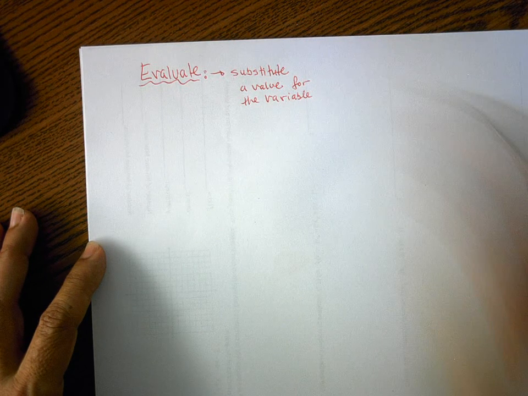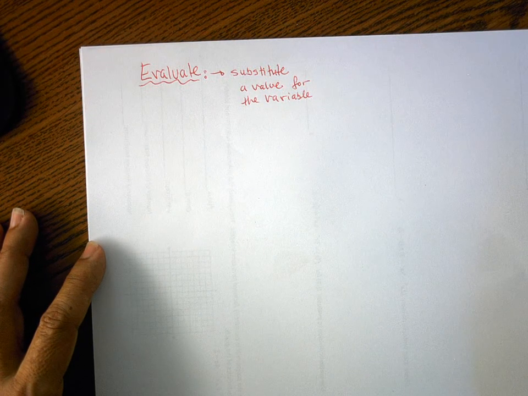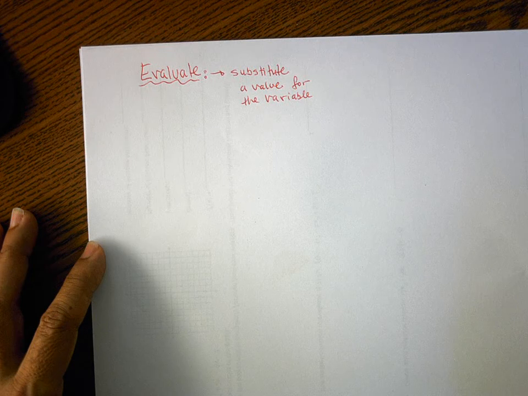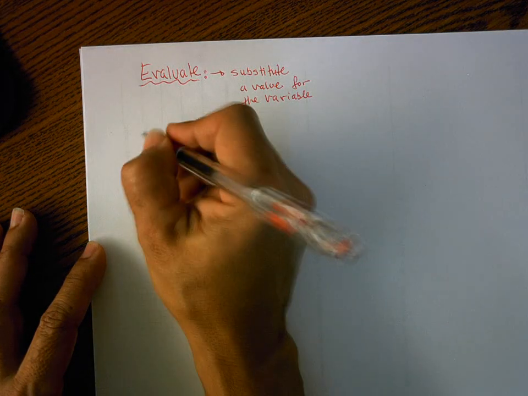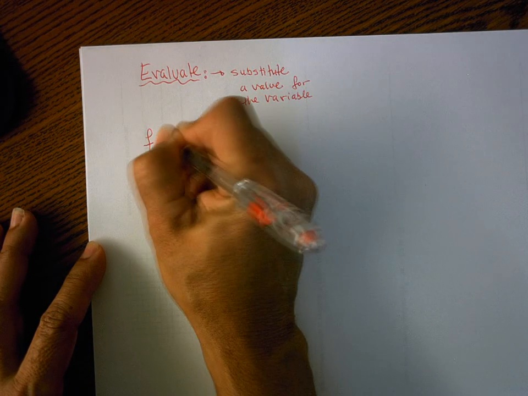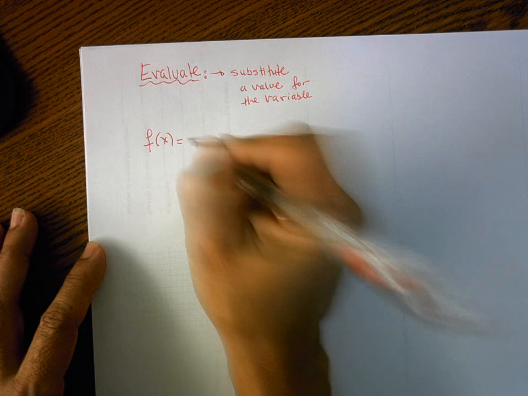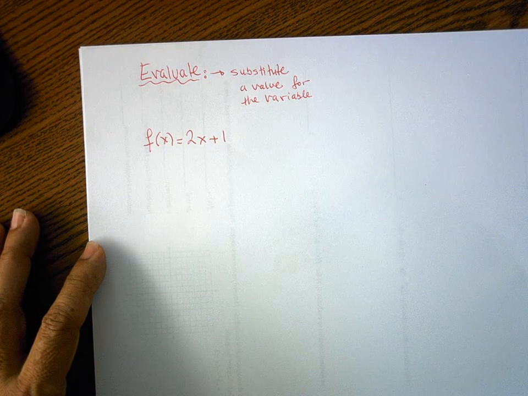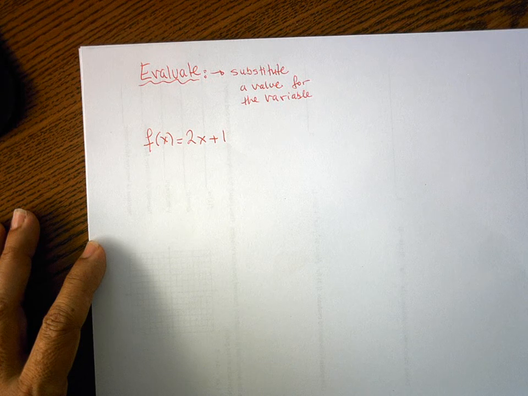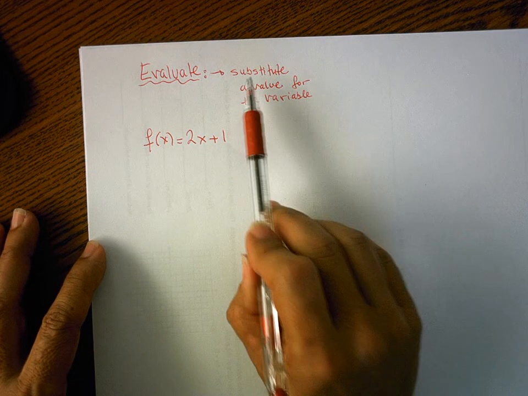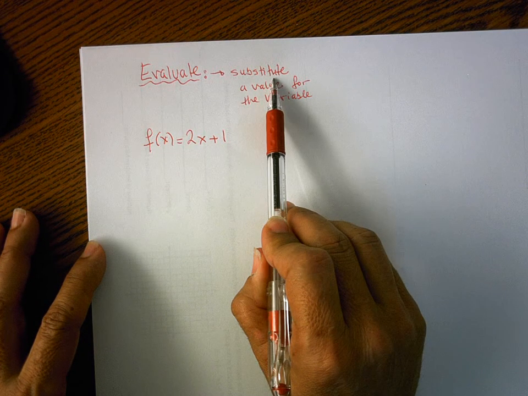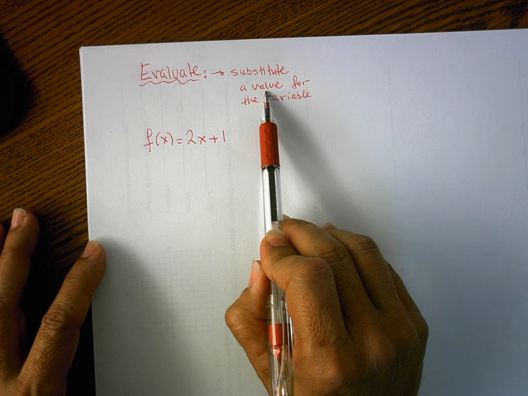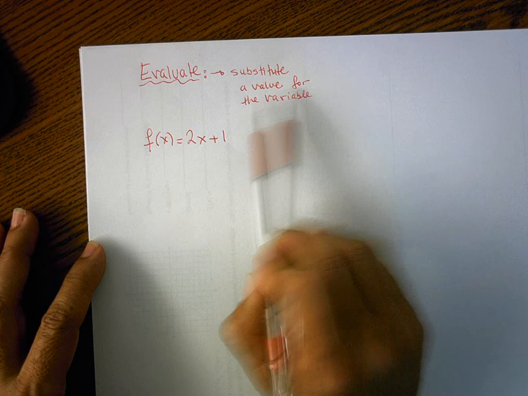So evaluate means I want to substitute a value for the variable that is in place. So for example, if I have f of x equals 2x plus 1, okay? So if I have this function, f of x equals 2x plus 1, I want to substitute a value, I'm talking about a numerical value, for the variable.